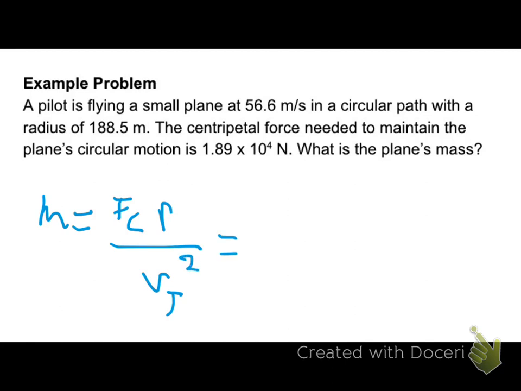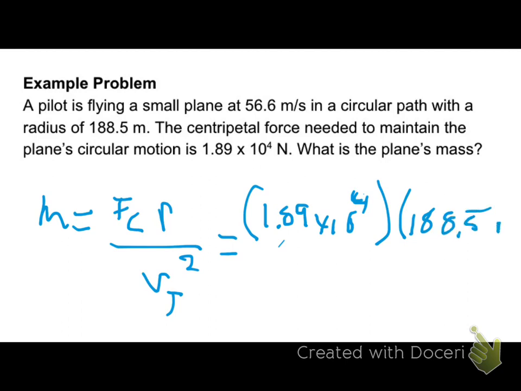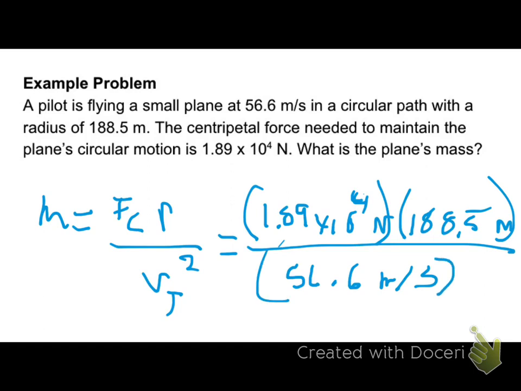Which means we're going to take 1.89 times 10 to the 4th newtons, and we're going to multiply that times our 188.5 meters, and then divide all of that by our 56.6 meters per second, which obviously needs to be squared.